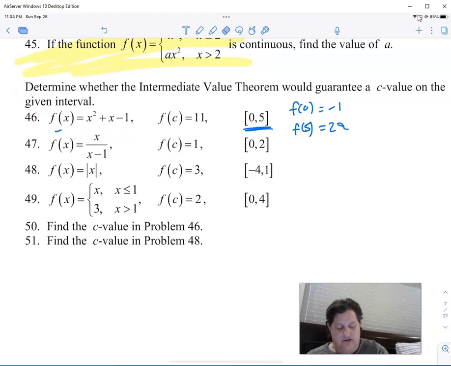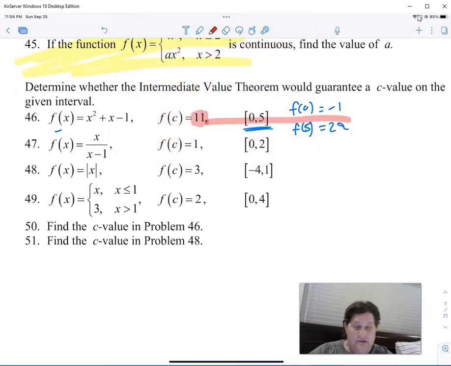And then I just have to check two things. Is this y value somewhere between those? And it is. So that's yes. And then is this continuous? That's a parabola, guys. Yeah, that's continuous. Things that are not continuous are like dividing by 0, square rooting negatives.